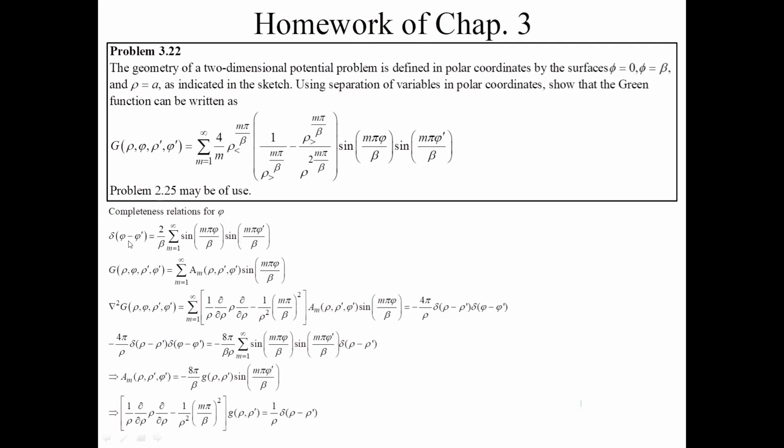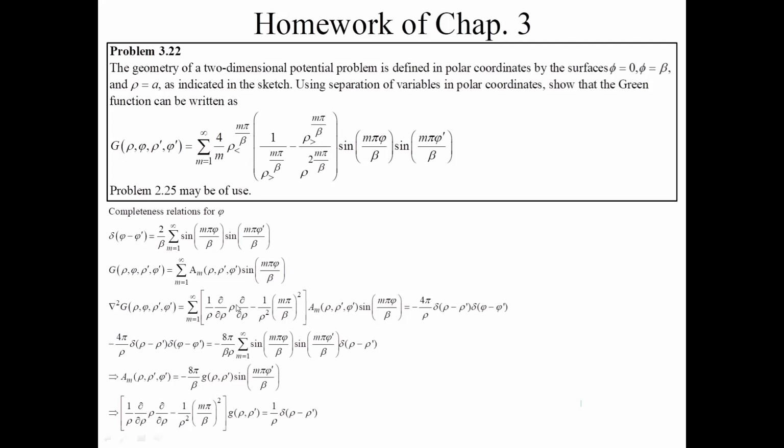By the formula we have here, delta psi minus psi prime equals this term, so we can rewrite this term by replacing the deltas with the primed ones. By comparing these two coefficients, we can assume AM equals minus 8 pi over beta times a small g function times psi. After we calculate this small g function, we can get the AM function and then our Green function. So here we just define a small g function to simplify our calculation.